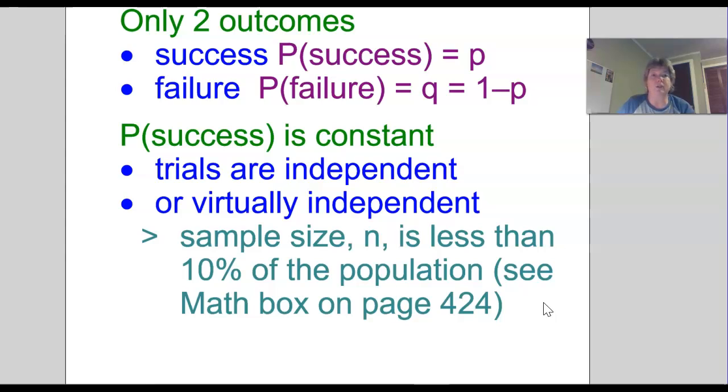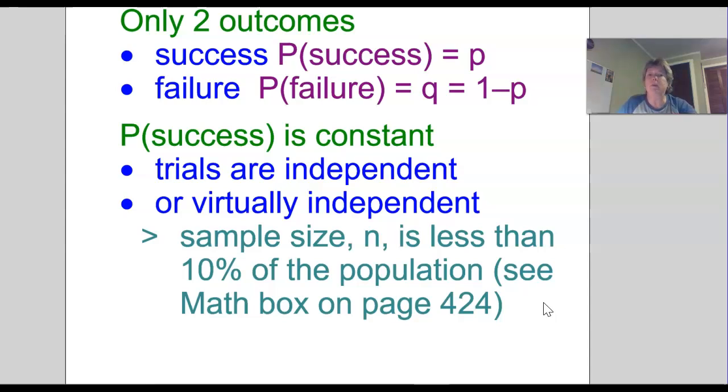So those trials are actually independent. Now that scenario is actually more unusual when we work with Bernoulli trials than the next definition of being virtually independent. Virtually independent comes up when you are drawing a sample without replacement from a finite population. And that's usually what we're doing.